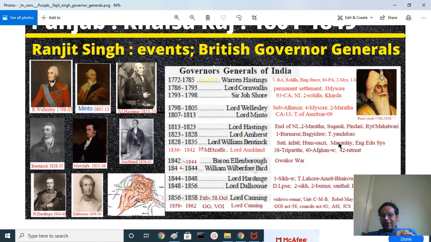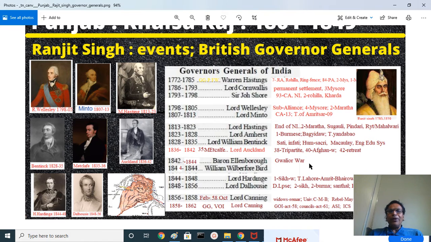The firm roots were laid for Macaulayism, further denationalization, deculturalization of large sections of Indian society in a subtle manner. That is Macaulayism and engineering education introduced.